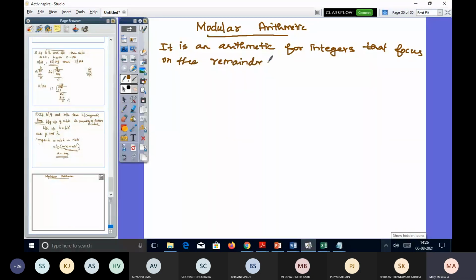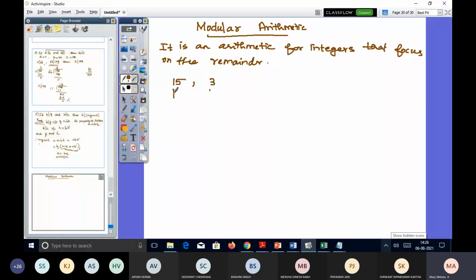Suppose we have two numbers, for example 15 and 3. I have to find out the mod. How do you find out the modular operator? With normal division, let me take 15 as the dividend and 3 as the divisor.